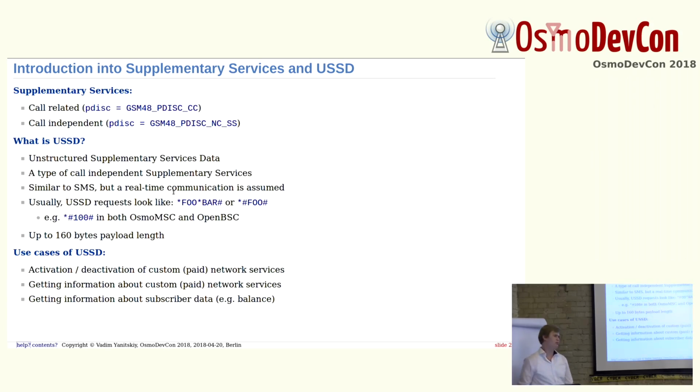Possible use cases for USSD are activation or deactivation of some custom, probably paid, network services. It could also be used for getting some information, for example, the account balance. There is also a crazy application of USSD, WAP over USSD, but I think it is not used anywhere.